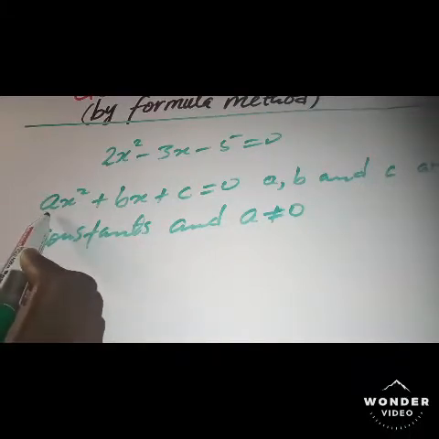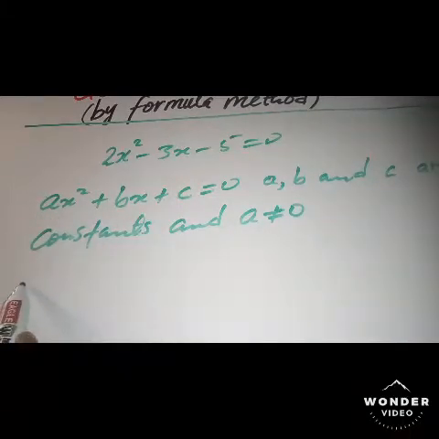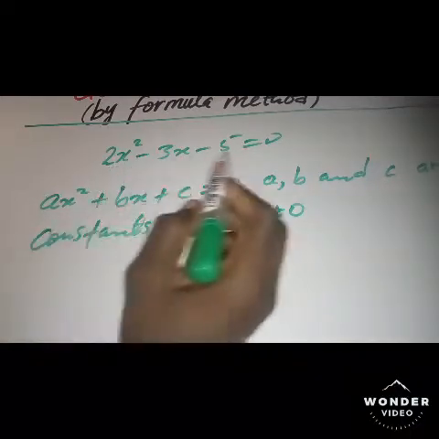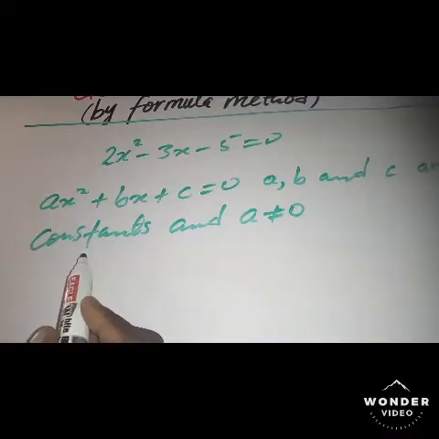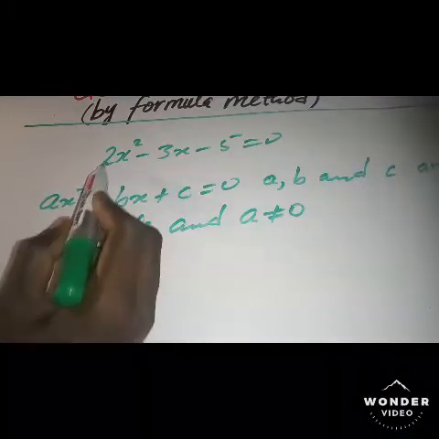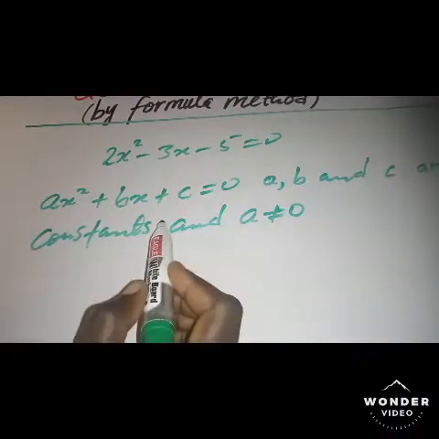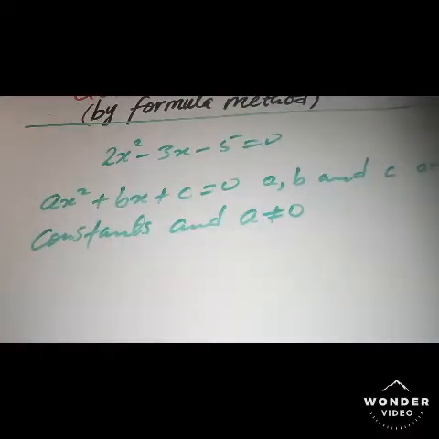Here you have a, b, c as the constants, which implies, since they are the representatives of the numbers in the equation given, a represents 2, b represents -3, c represents -5.